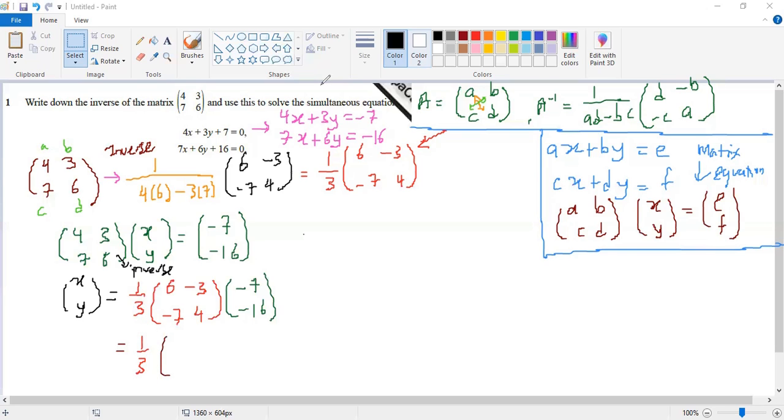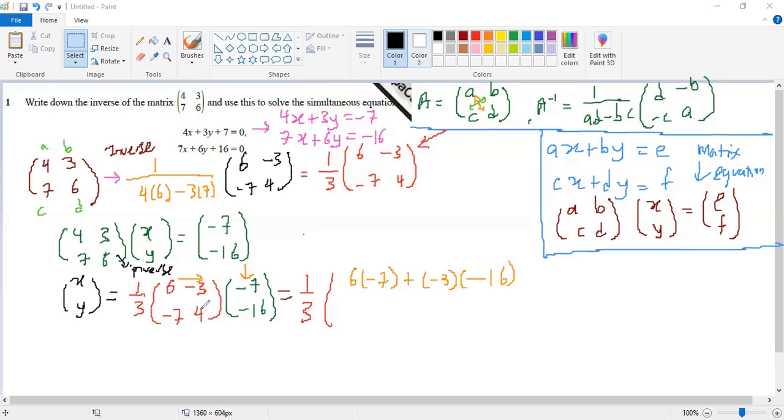So how do we multiply a matrix? You can remember, to multiply a matrix, we go for the row and then match it with the column like that, meaning this is row multiplied by column. 6 times negative 7 plus negative 3, then with the second one, you match the second term, negative 16, with that.